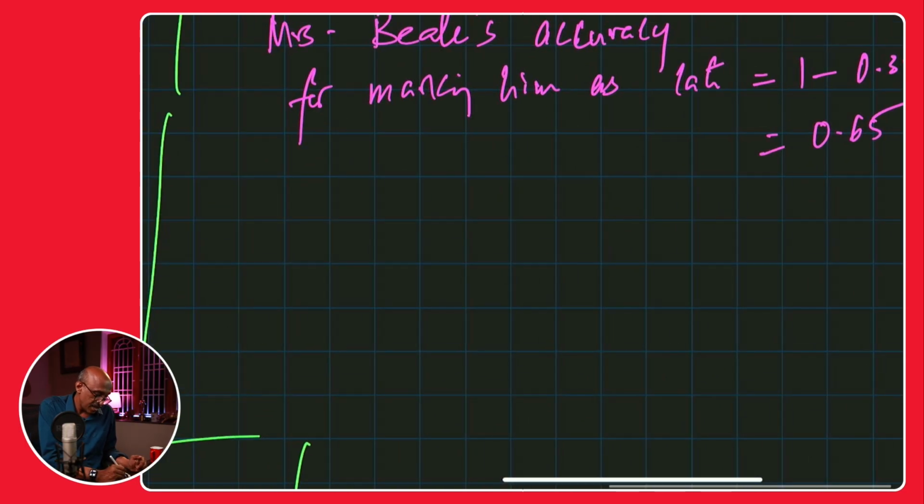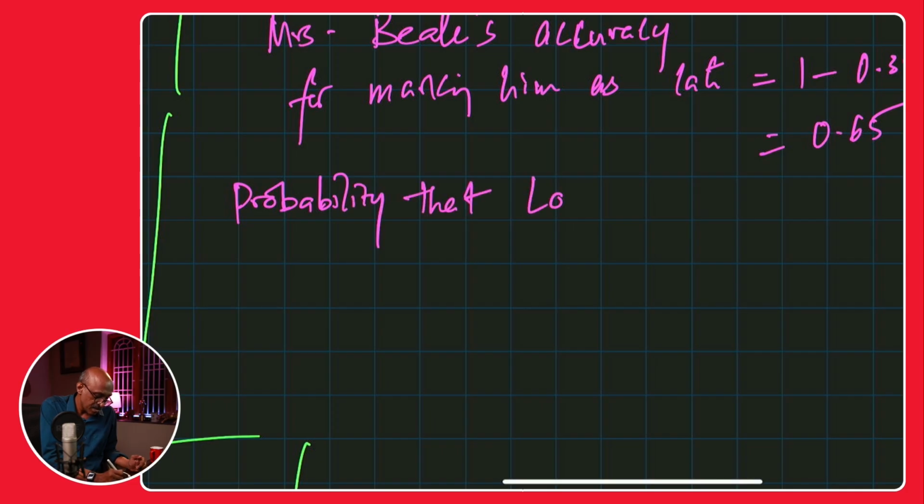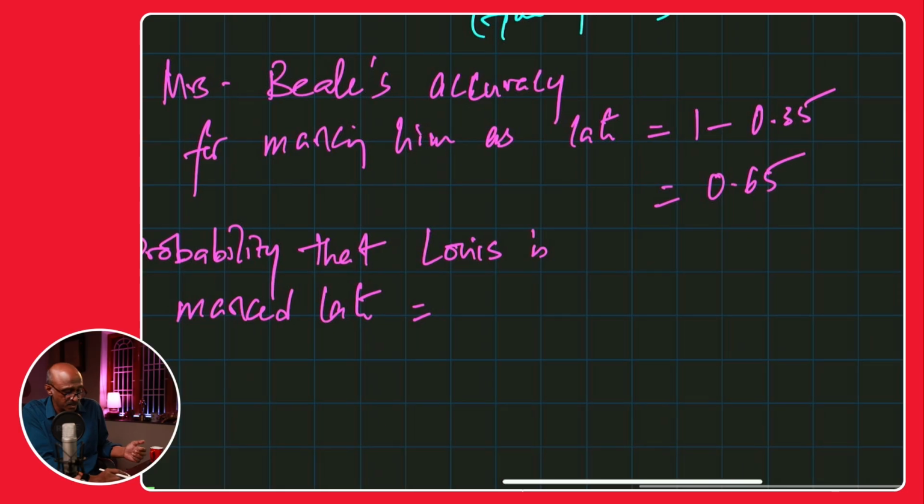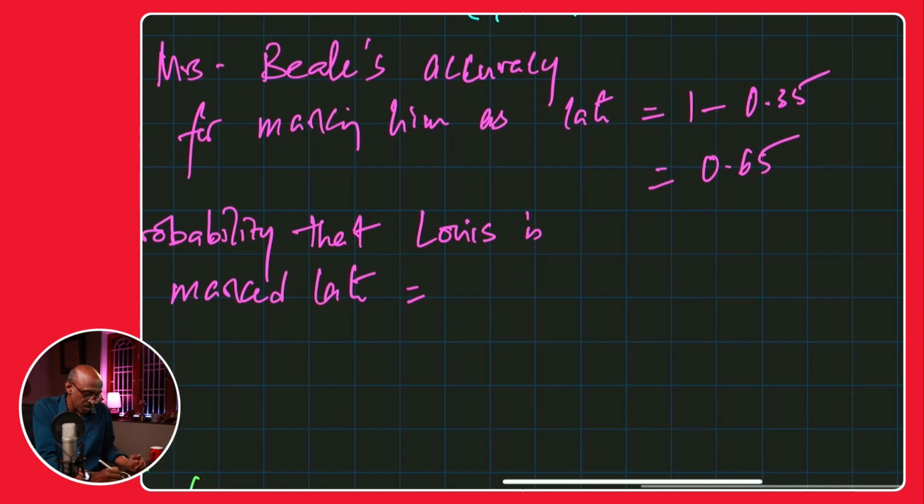Then the probability that Louis is marked late: he's going to be marked late on the day that he's late, right? So he needs to be late, which is 0.0339, times 0.65.